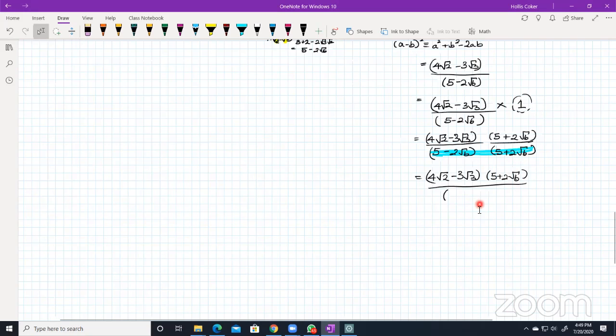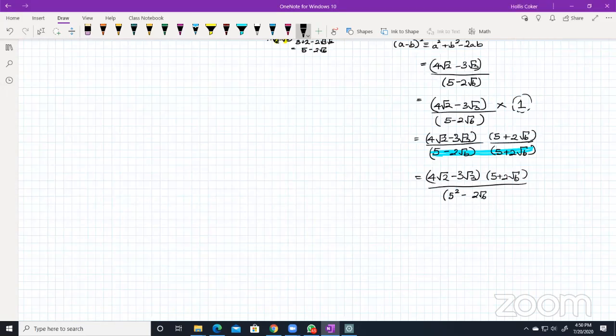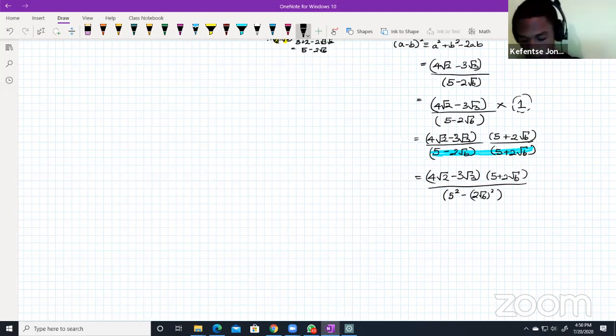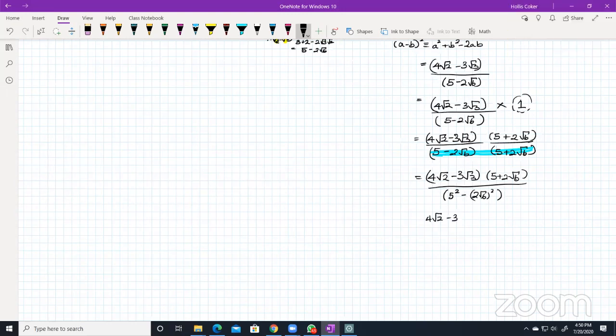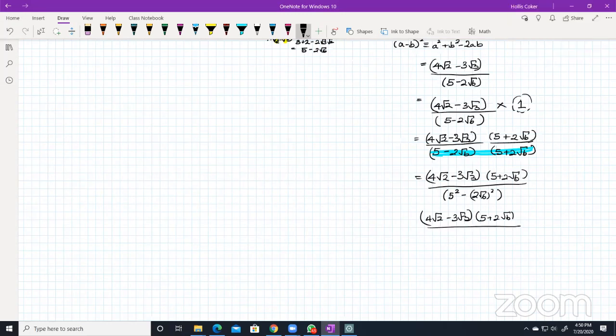So that'll be 5 squared minus (2 root 6) squared.